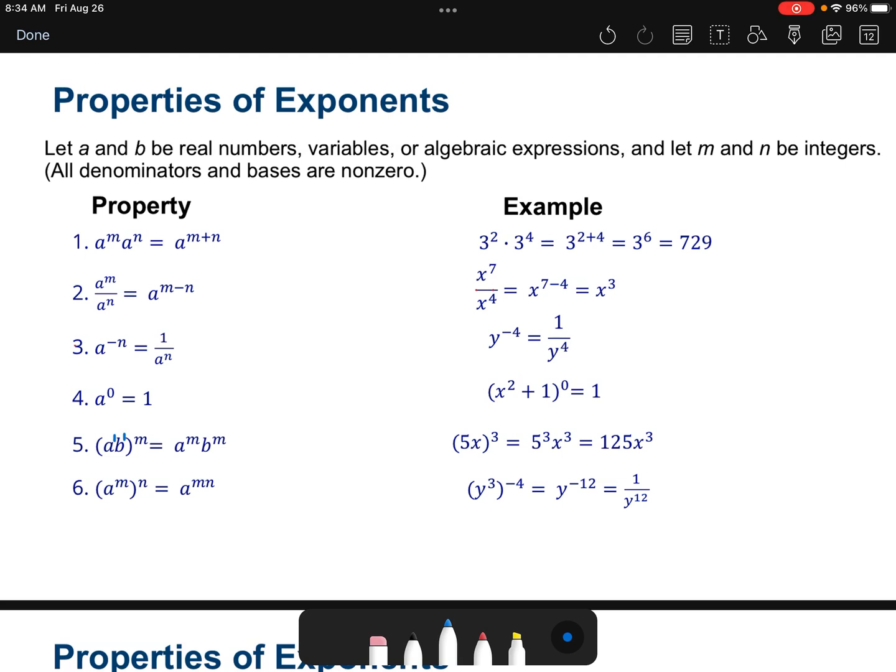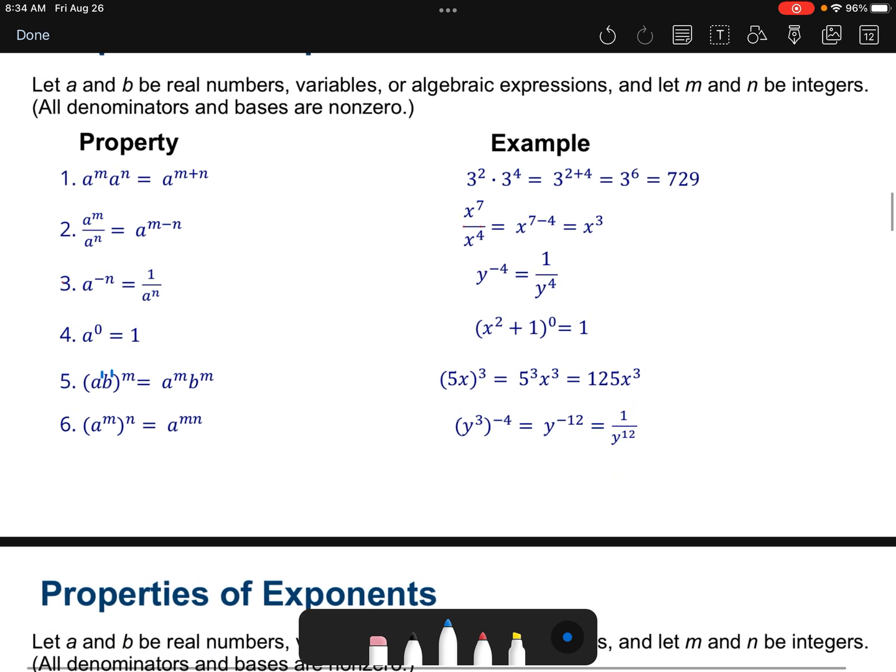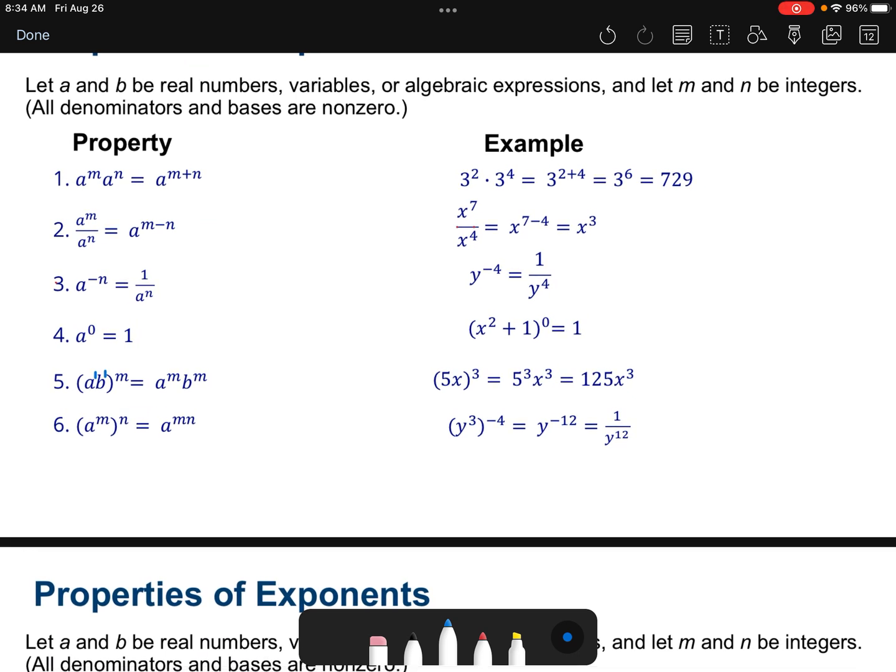So on the first one then, 3 squared times 3 to the 4th is just 3 to the 2 plus 4, which is 3 to the 6. On the second one, when we divide, we subtract, so that we end up with a to the m minus n. So x to the 7th over x to the 4th is just 7 minus 4, which is x cubed.